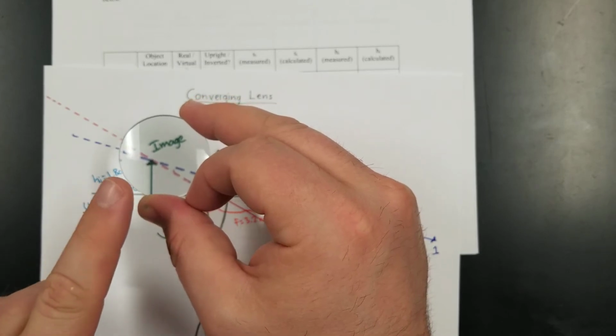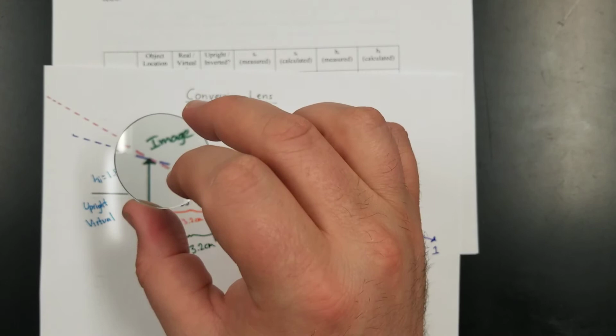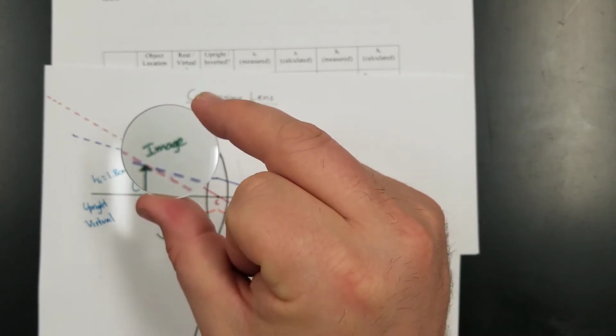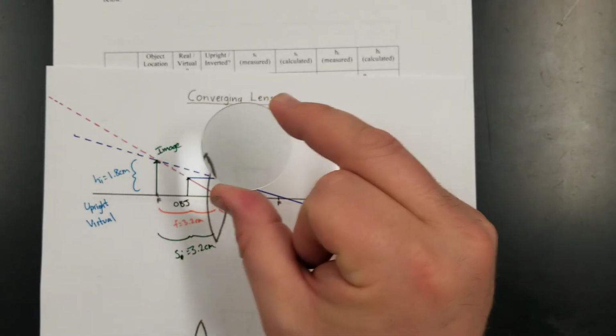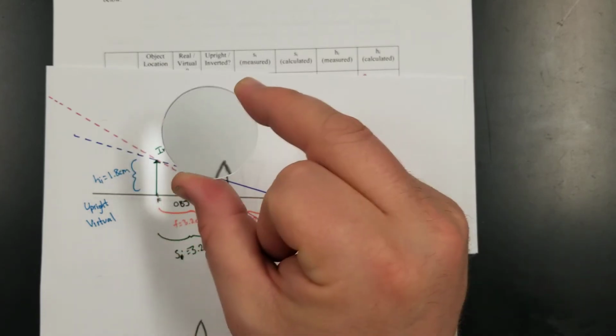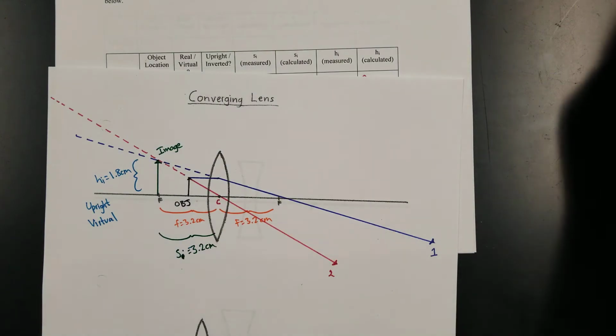You see a reflection of the lights overhead, but you can't really see an image on a piece of paper there. So this one's a virtual image. You gotta look through the lens in order to actually see it. And it's upright, like it's not flipped upside down when I do that. Points the same direction each time. So what I'm showing you here with this lens matches this ray diagram.